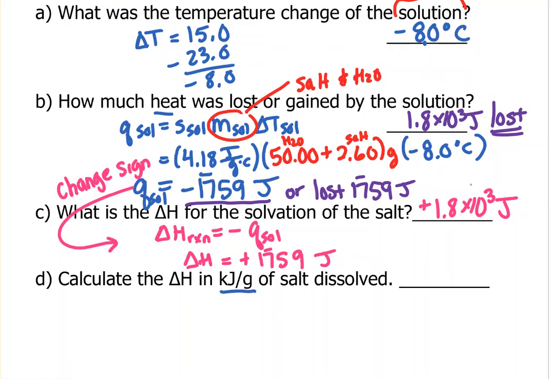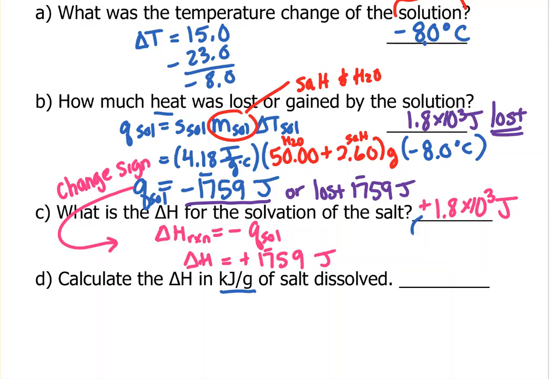We're just going to take this heat of reaction and convert it to kilojoules per gram. This is the amount of heat for the reaction that we did, but the temperature change that we got depended on how much salt we dissolved. So we're going to make it relative to that and also change it to kilojoules.